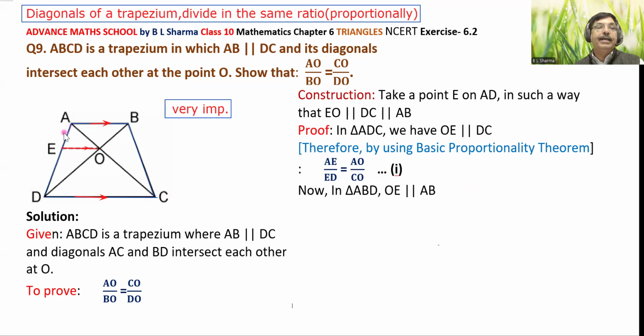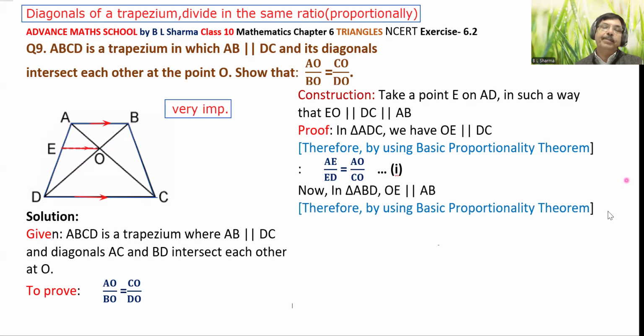Now, in triangle ABD, see this triangle. This line EO is parallel to AB. So, again using same basic proportionality theorem, AE upon ED is equal to BO upon DO.